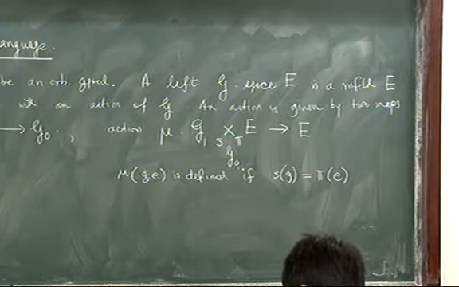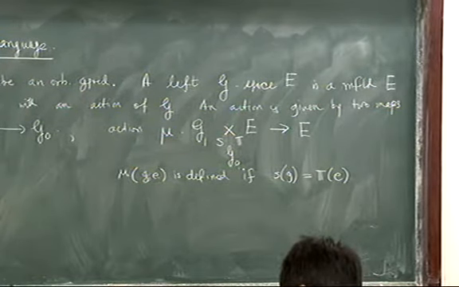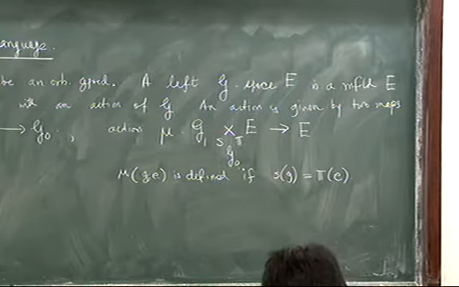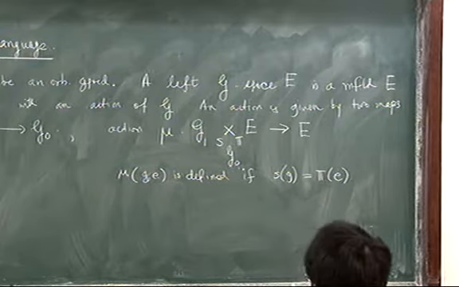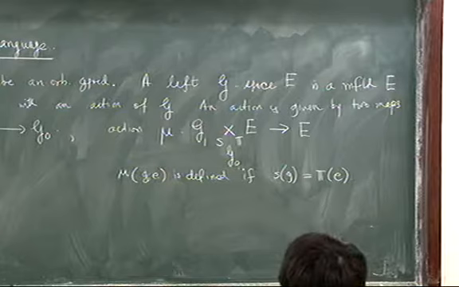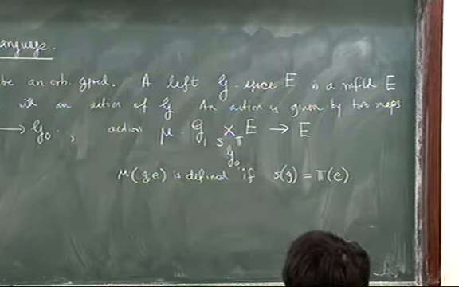The actual conditions are on the source map and the target map, which are between topological spaces, G0 and G1. The source goes from arrow space to object space. The source and target have to be local diffeomorphisms. That's one of the conditions. I'm not going into those technicalities.